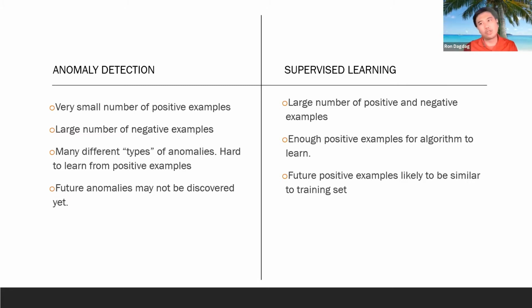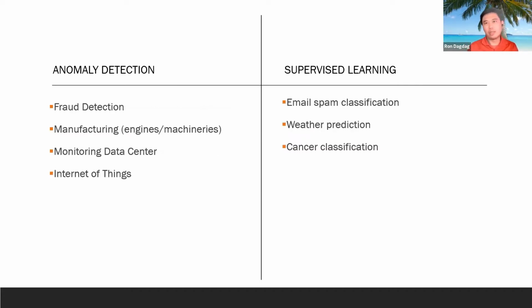Supervised learning is very useful when you have a large number of both positive and negative examples, right? When you have good positive examples for the algorithm, and most likely what you're testing it on is kind of like the same as your data set.